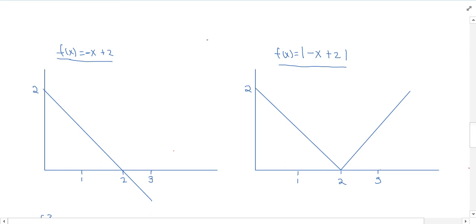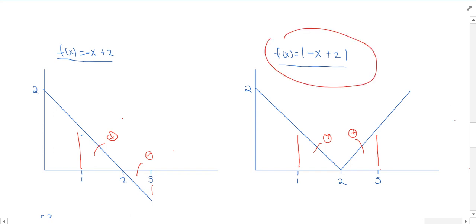And these two, as we talked about before, this one would display a positive area here, and below the x-axis a negative area. However, this one would have a positive area here and a positive area here. So this graph here should have more total area given the same intervals, right?